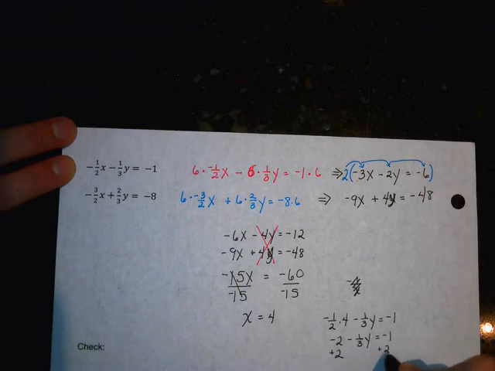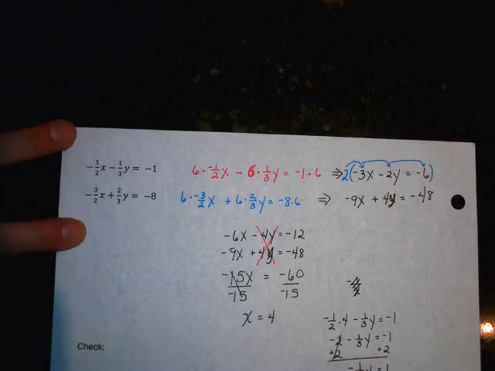So negative 1/3 y equals just 1. And then I'm going to multiply both sides by negative 3, the reciprocal of that. Or if you want to divide both sides by negative 1/3, you'll get the exact same answer. However you want to think about it. But hopefully you got y equals negative 3. So there's my ordered pair: 4, negative 3.